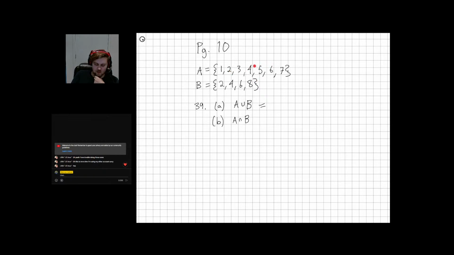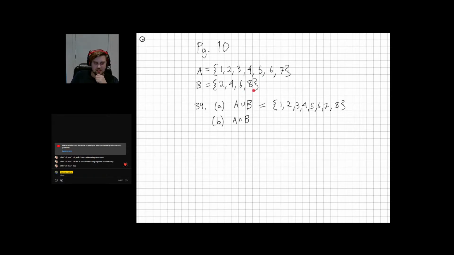Well, 2, 4, and 6 are already in A and they're in B, but 8 is in B but not in A. So we're just going to add 8 to A, and that's going to be our union. We just need to look at what's not in A but is in B. 1, 2, 3, 4, 5, 6, 7, and we get 8 as well because of B.